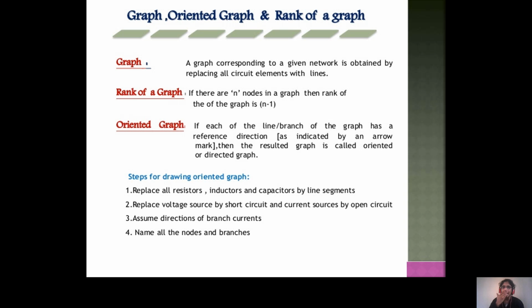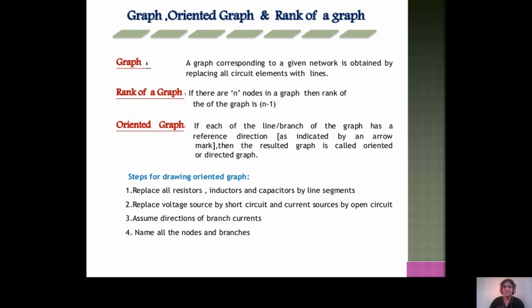If each line branch of a graph has a reference direction, as indicated by an arrow, then the resultant graph is nothing but the oriented graph. You have to assume the reference direction as indicated by an arrow mark, and then the resultant graph is called an oriented graph or directed graph.